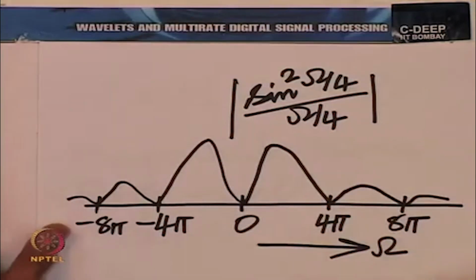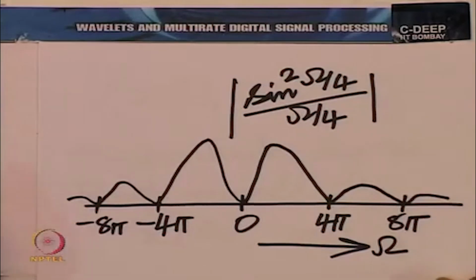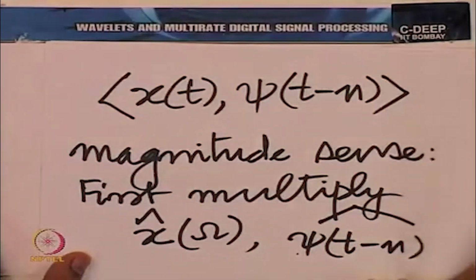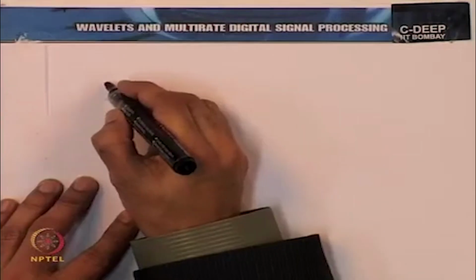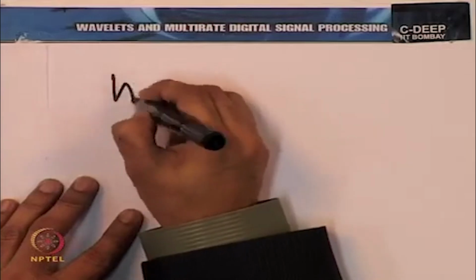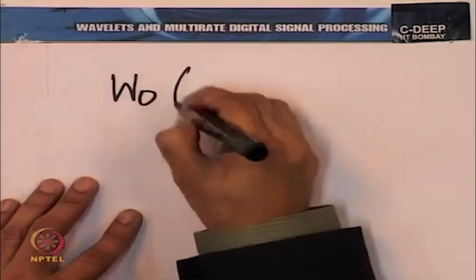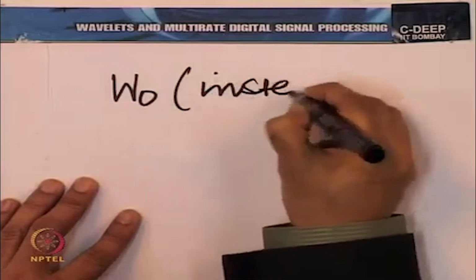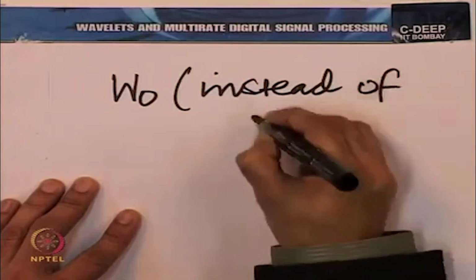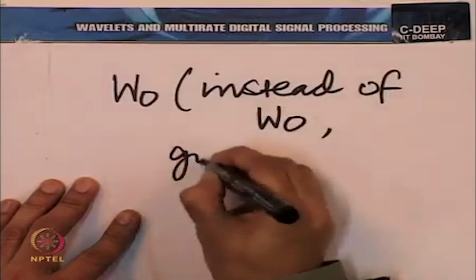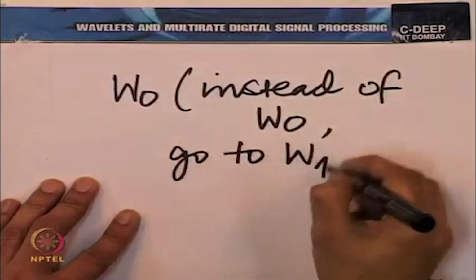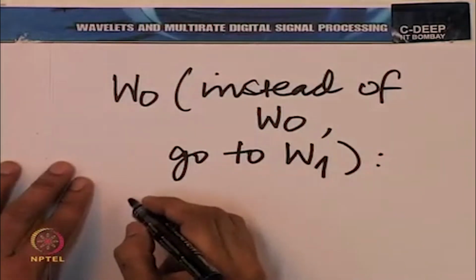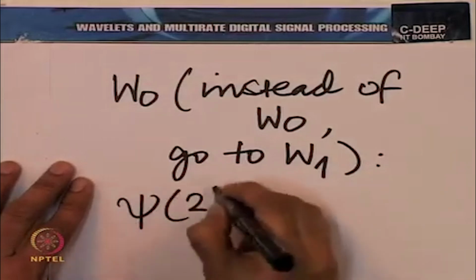And instead of psi of t, if you take psi of 2 t for example, so if you take, say, instead of w 0, go to w 1, in which case you would have psi of 2 t minus n.